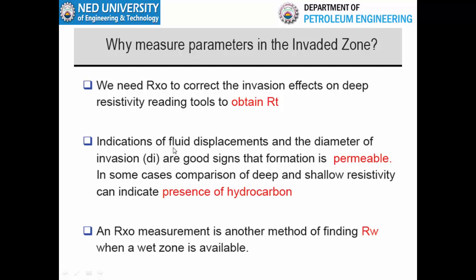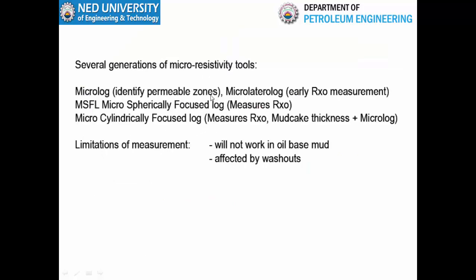That is why basically we measure the resistivity of the flush zone, and we will see this individually in the coming slides. So basically we measure the flush zone resistivity through different tools. These are the tools of different companies, and in our log the MSFL log has been run.